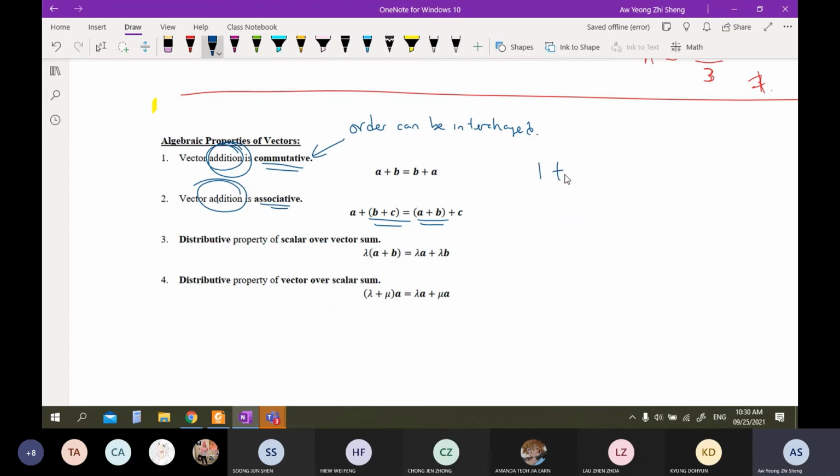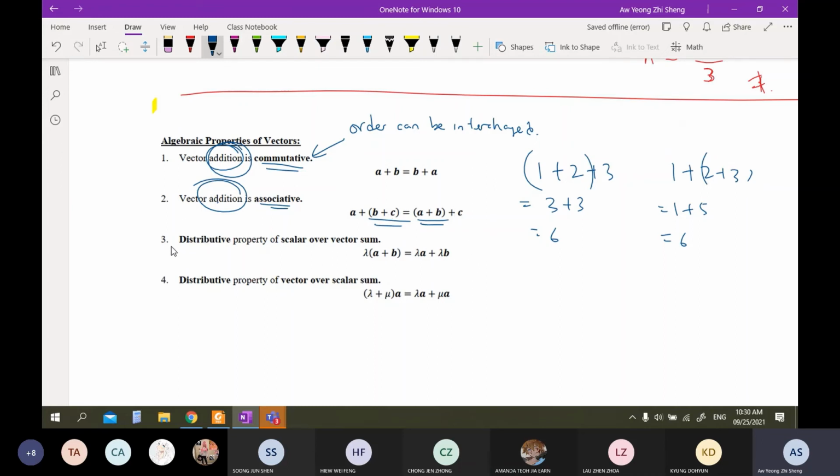If you have 1 plus 2 plus 3, whether you do 1 plus 2 first, which gives 3 plus 3 is 6, or do 2 plus 3 first, which is 1 plus 5, which is 6, it's the same. But that's for usual numbers. Here, it's telling you that this associative property is also true for vector addition, and whether you work on the first two or the last two first, it doesn't matter.